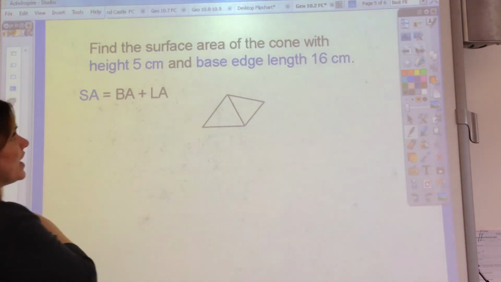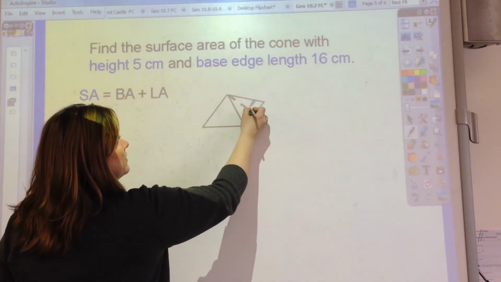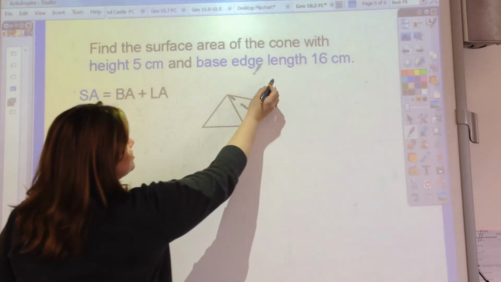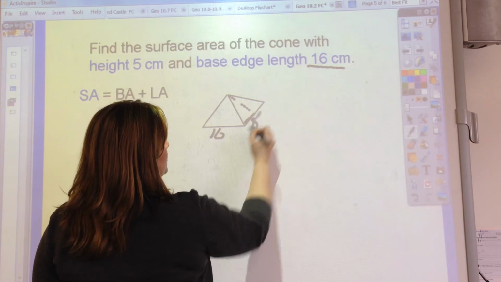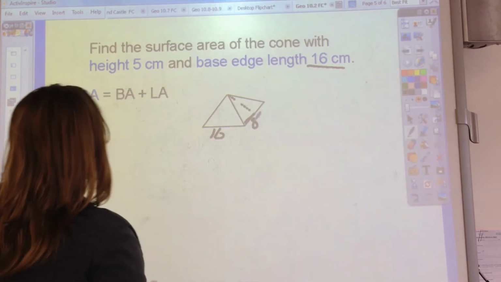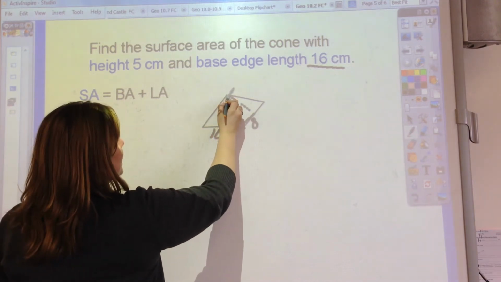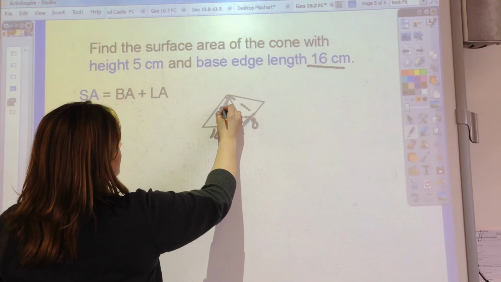I'm going to have to find the slant height. Here I know this, if my base edge length is 16, I know half of that would be 8. And I know my height inside is 5.